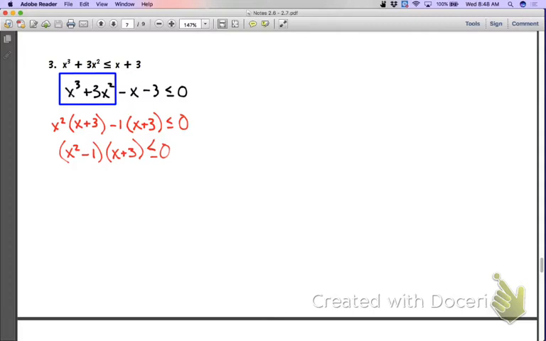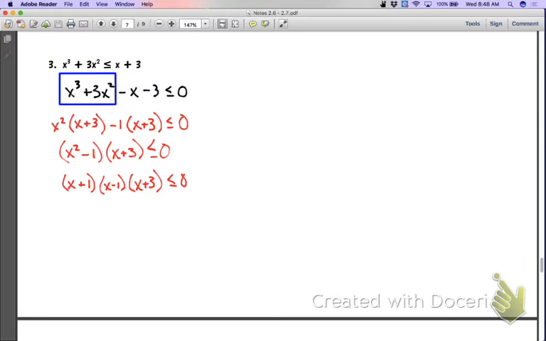Can I factor the x squared minus 1 again? Yep. So my factors are x plus 1, x minus 1, and then x plus 3, when it's less than or equal to 0.